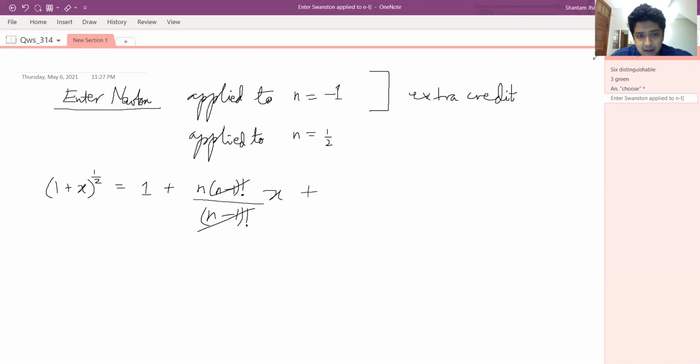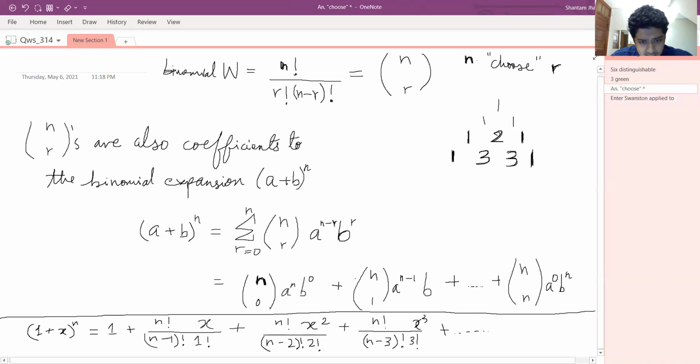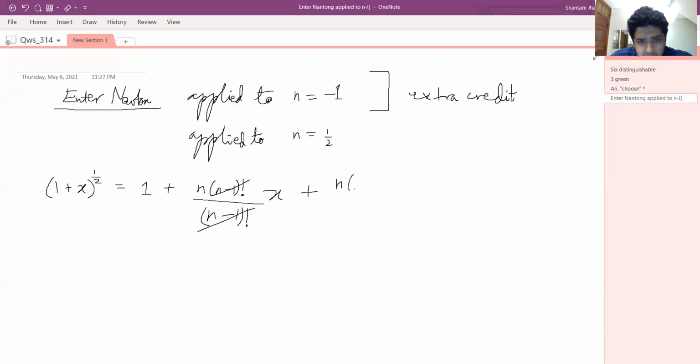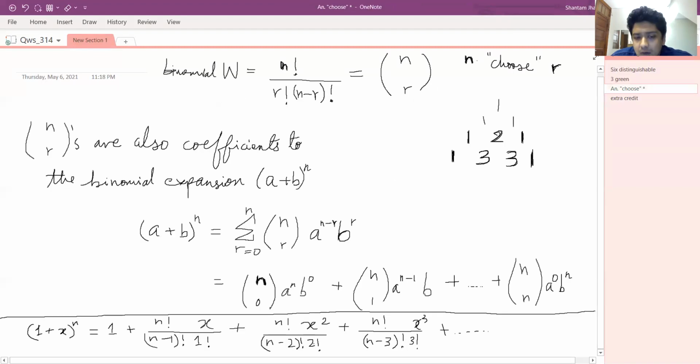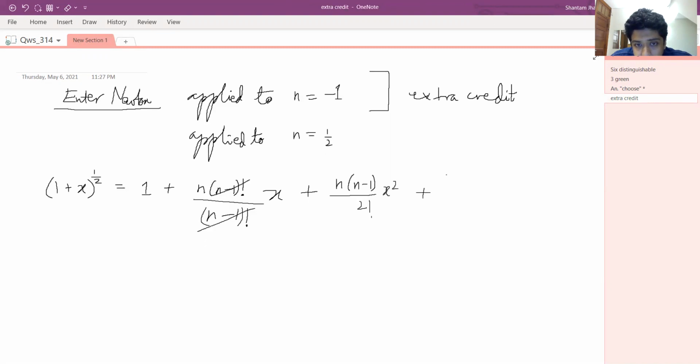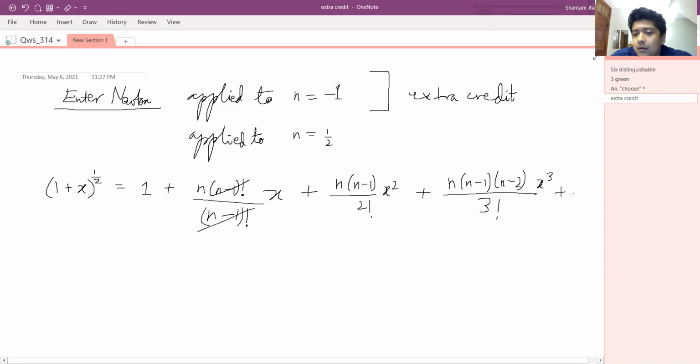And I can use that pattern to generate the further terms, which are going to look like this. It's going to be n times n minus 1 over 2 factorial of x squared, right? The n minus 2 factorial is going to cancel when I write n factorial as n times n minus 1 times n minus 2 factorial. And now for the third term, it's n times n minus 1 times n minus 2 over 3 factorial, x cubed, and so on.